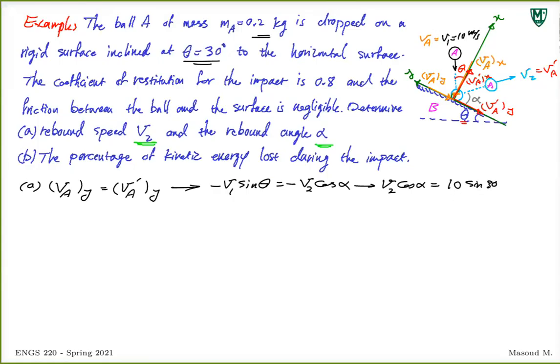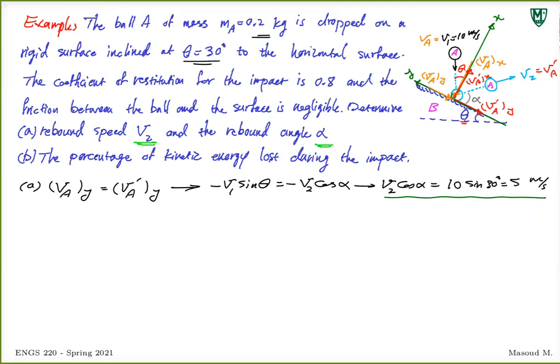Sine 30 is half, so it's 5 meters per second. This is one equation we got. We don't know what V2 is and we don't know what alpha is. These are the things that we're trying to find.